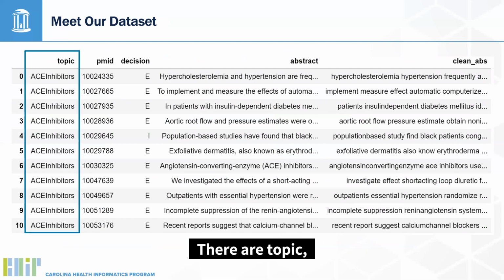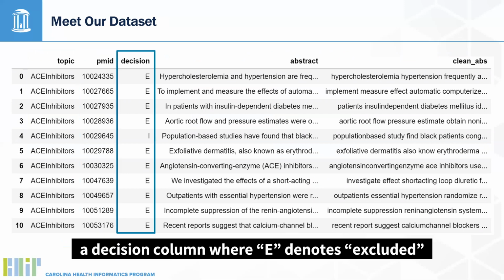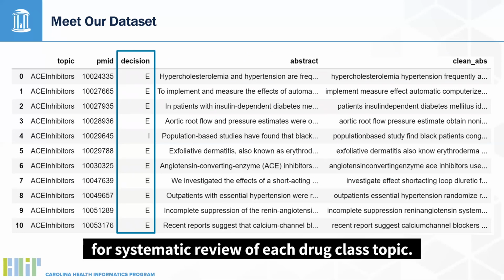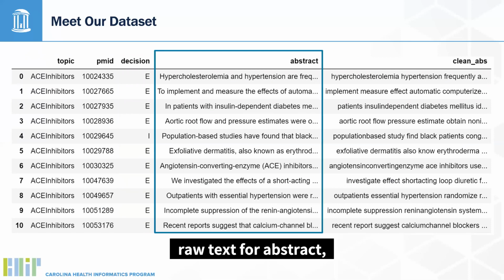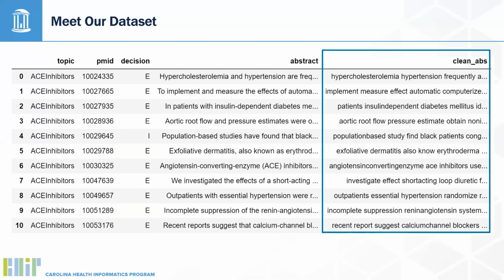There are topic, article IDs for PubMed, which is called PMID, a decision column where E denotes excluded and I denotes included for systematic review of each drug class topic. Raw text for abstract and pre-processed abstract text column.